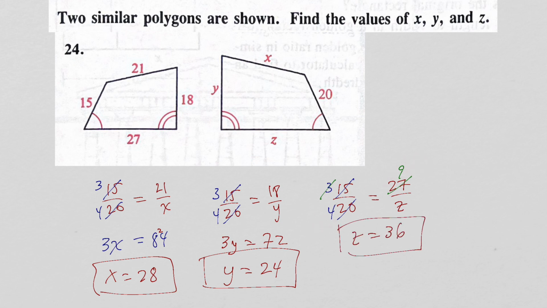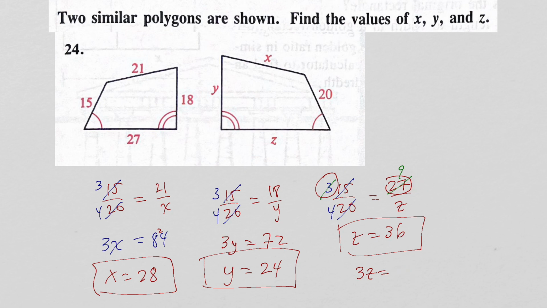Now, the reason that works is because pretend I didn't cancel that way. I would have still had this 3 here and the 27 there. And then when I multiply, I'm going to get 3z is equal to, I'm sorry, 4 times 27, excuse me.